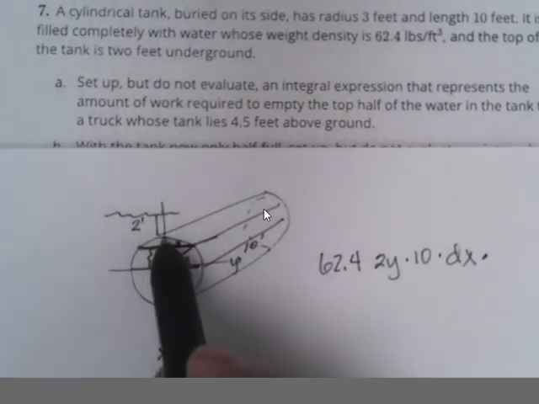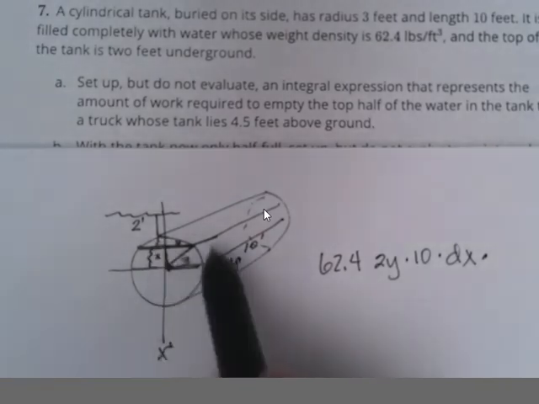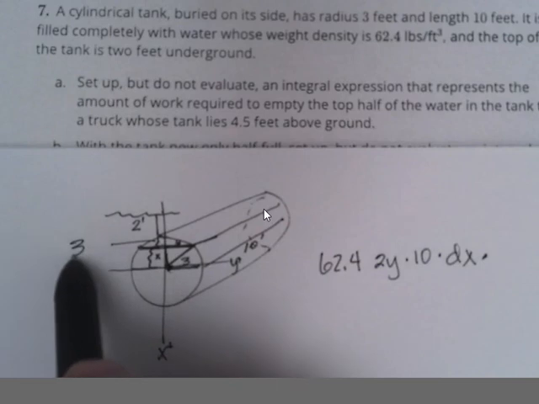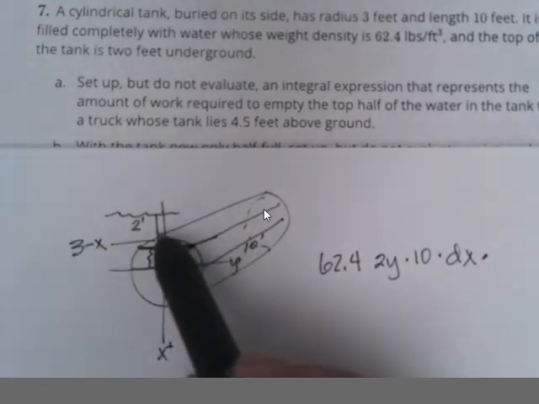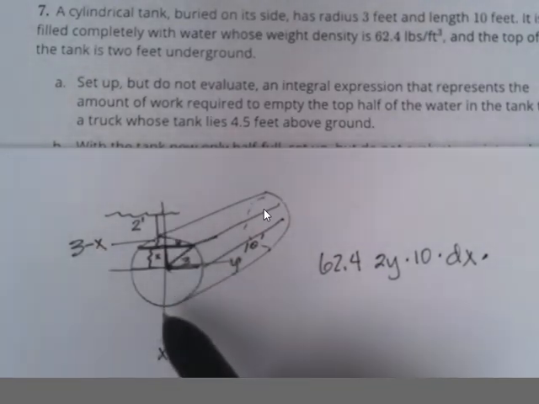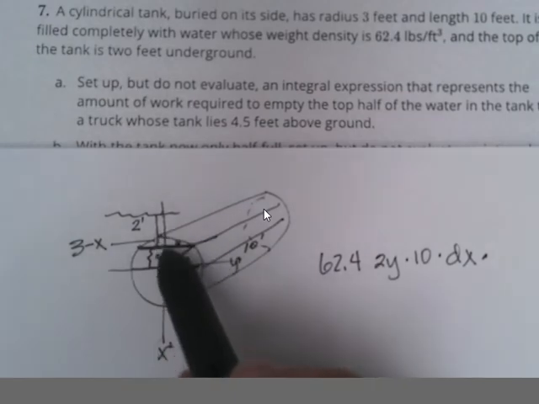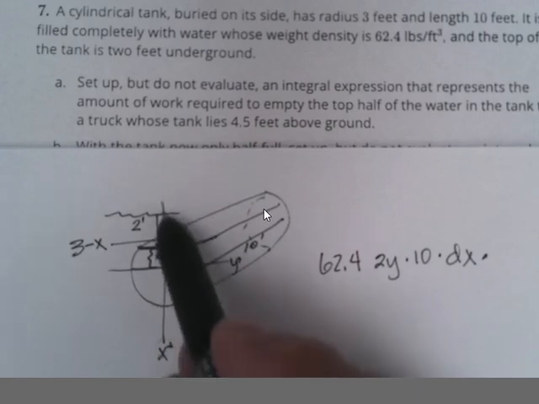So this right here is going to be 3 minus x. And we have to lift it 2 more than that. So we're going to lift it 5 minus, which is from 2 clear to here, minus x.